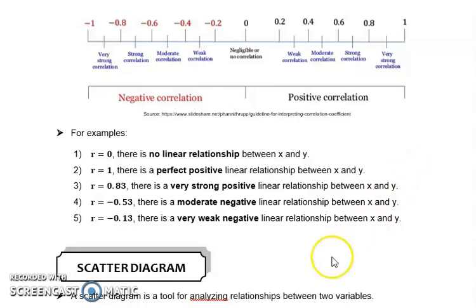Okay, example. If r equals 0, it means that there is no linear relationship between x and y. Linear means that the variable is to the power of 1. So recall, if you have, for example, x squared plus 2x, in that equation the highest power is 2, right? x squared.